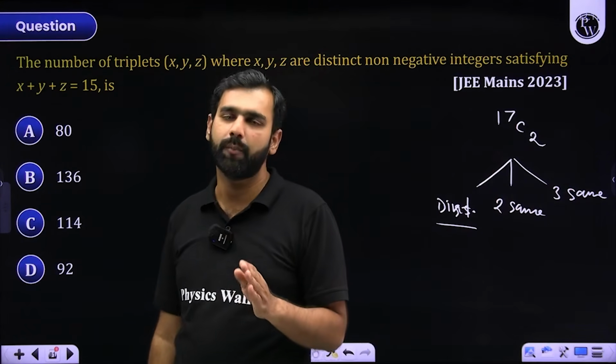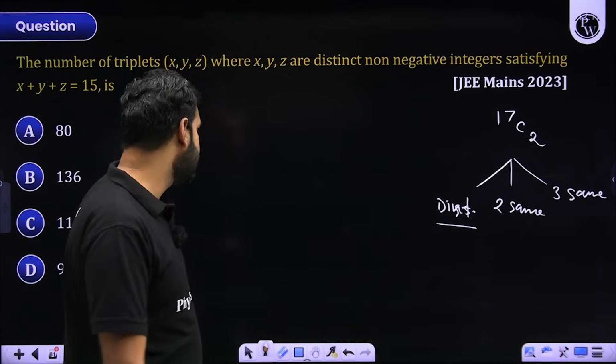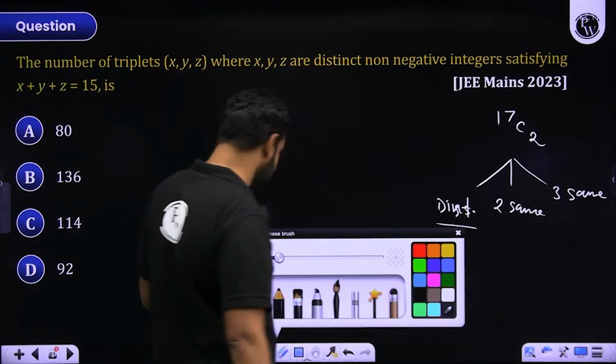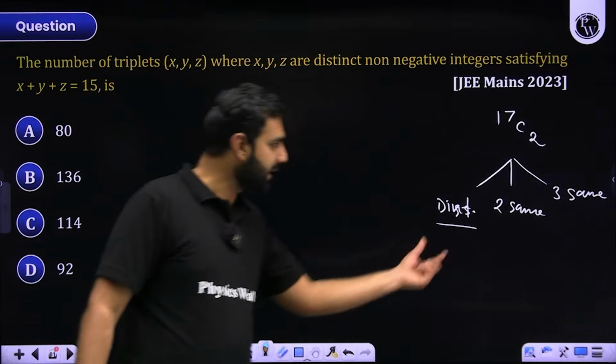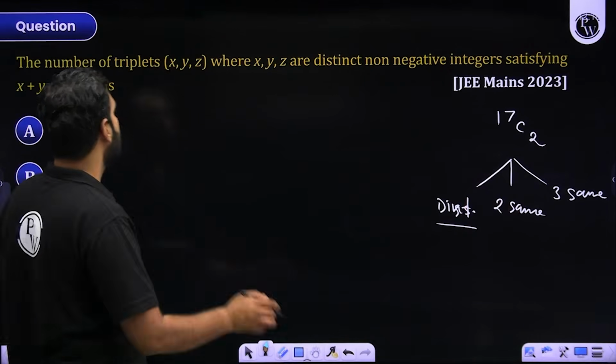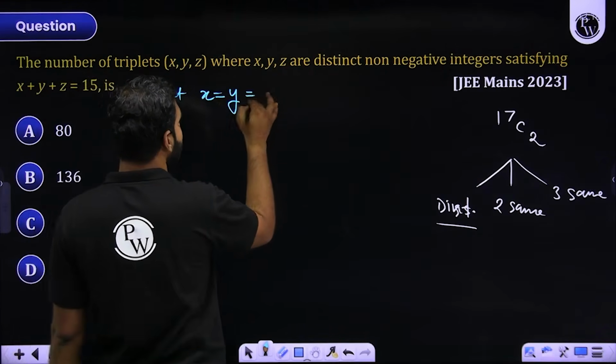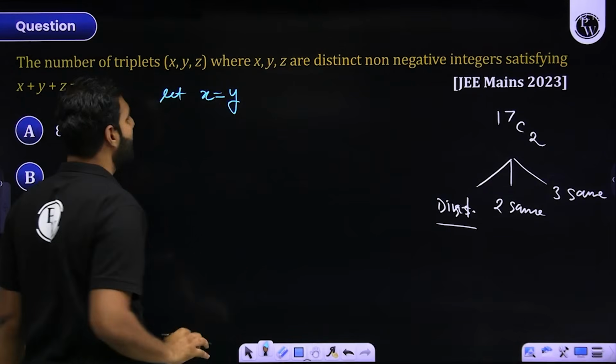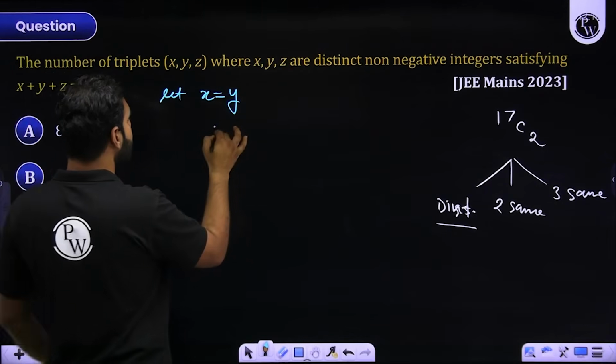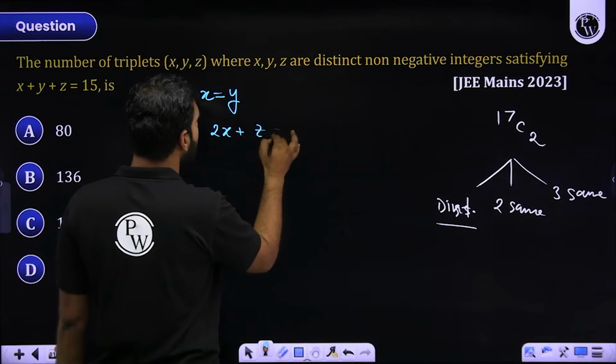Are you understanding the approach? Let's apply that idea. Let's calculate when x and y are the same. So let's imagine that x and y are the same, and call them x only. Then the problem becomes 2x plus z is equal to 15.